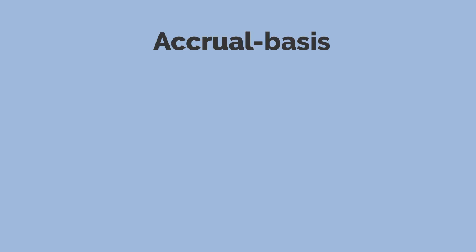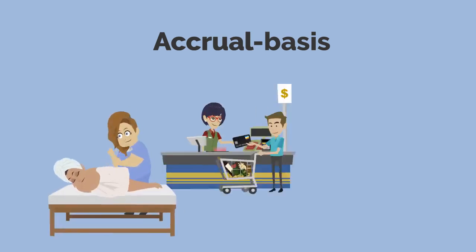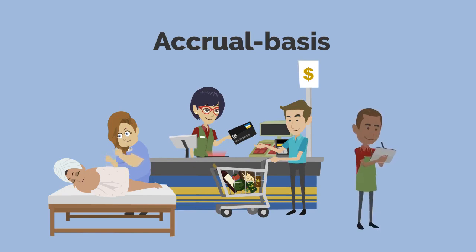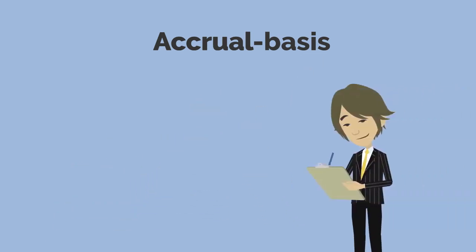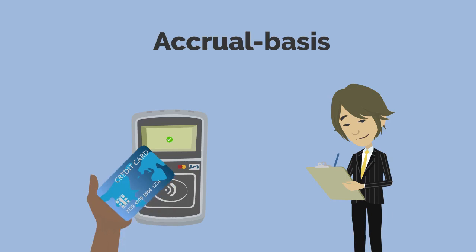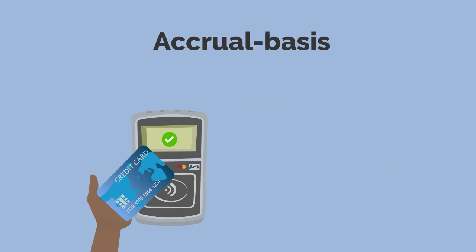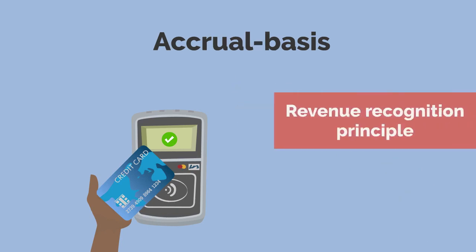This means that companies record journal entries when services are performed, goods are sold, or expenses are incurred, without regard to whether cash has changed hands. This also means that a company can record revenue if they've sold a product on account, despite not having received cash from a customer. This is also known as the revenue recognition principle.